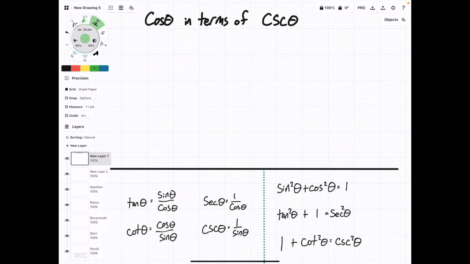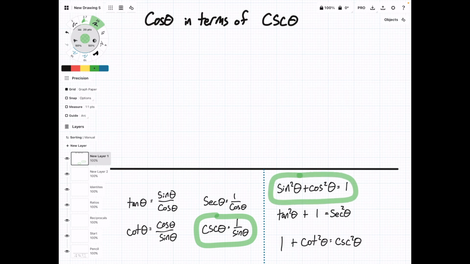For writing cosine theta in terms of cosecant theta, we're going to use this ratio here and this identity here. So the first step is going to be to get sine alone. So we write cosecant theta equals 1 over sine theta. We're going to solve this for sine, so this becomes sine theta equals 1 over cosecant theta. Now we're going to use this identity and replace sine squared theta with 1 over cosecant squared theta.